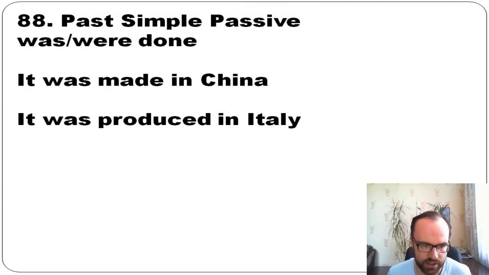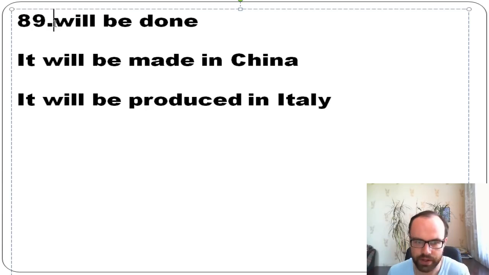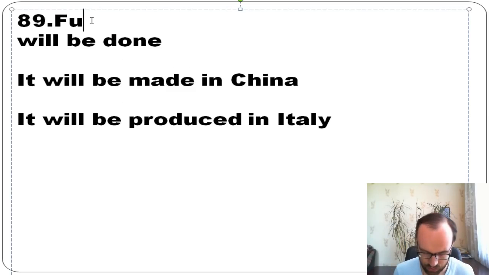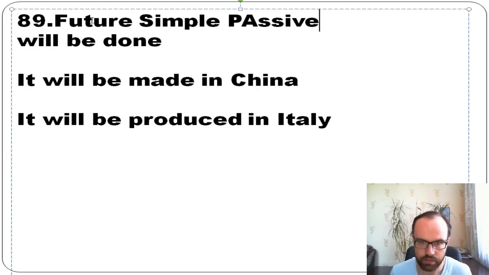Okay, next, future simple passive: will be done. It will be made in China, will be plus past participle. It will be produced in Italy.